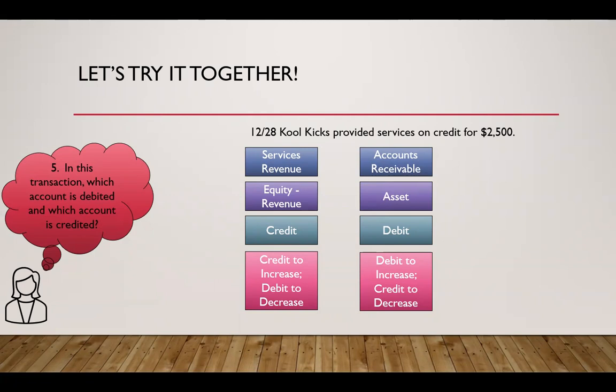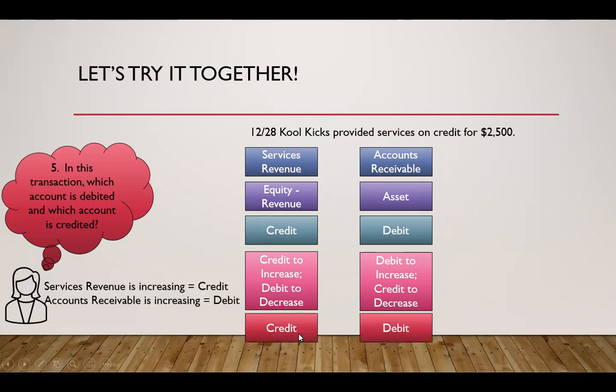Now, if I debit one thing, I know I have to credit something else because debits have to equal credits. So if you can only figure out one side of the transaction, at least you're halfway there. If you know half of it is debit, then the other half should be credit. We can confirm that this is accurate because we're keeping track of how much money we've earned, and the normal balance of services revenue is credit. So here we go.